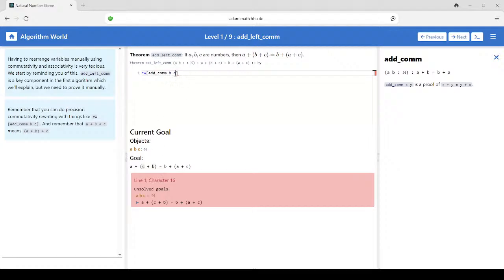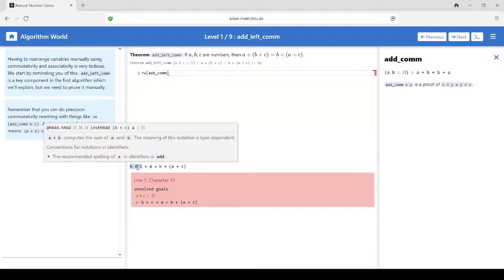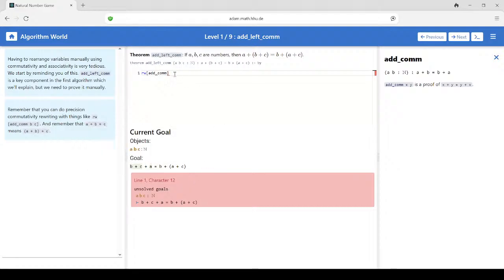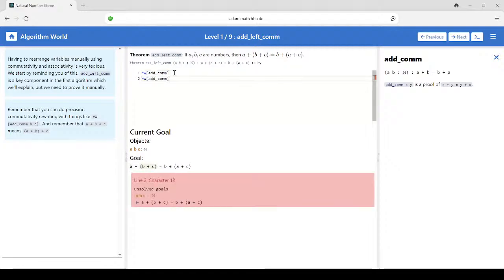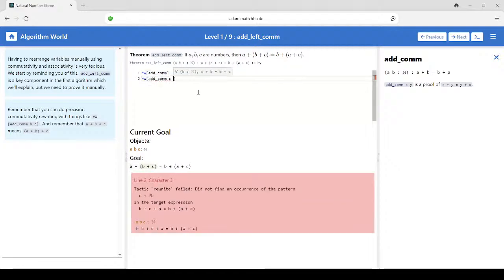But I don't think that's what we want to do. But we want to change c a. Now that we've... wait. Wait, why doesn't that work?